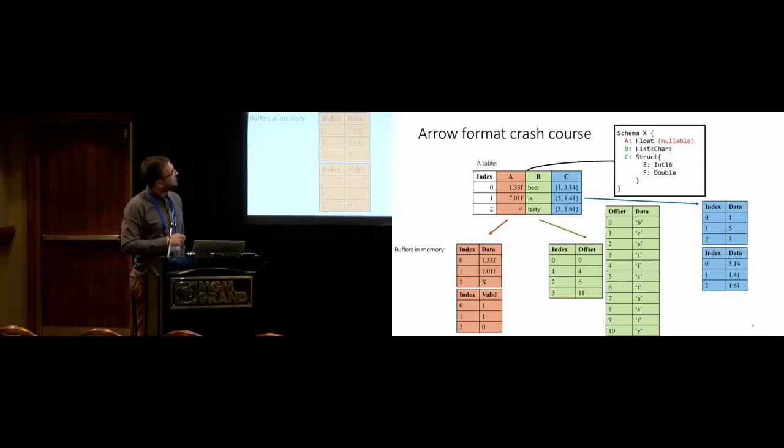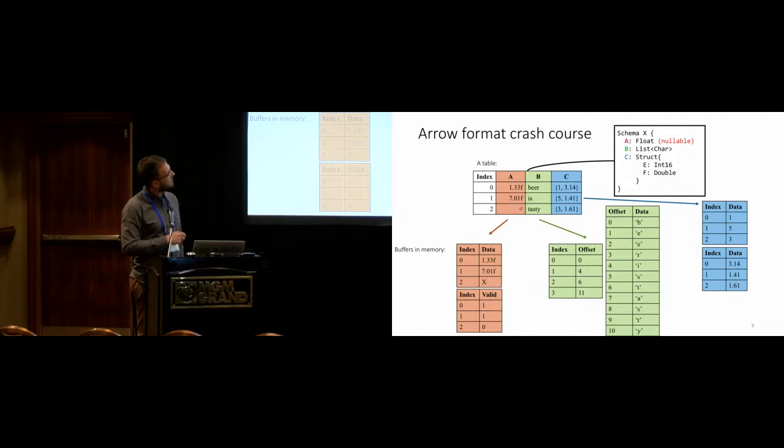Now Arrow defines that if you have a table like this, there needs to be a schema that tells you what the types are. So this is basically like a type definition for the whole table. These are the fields of the schema.